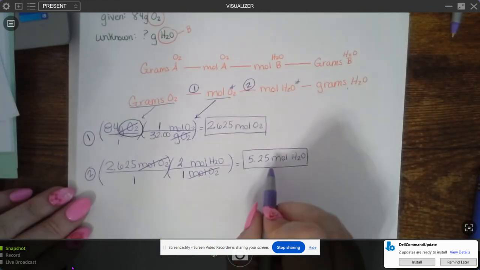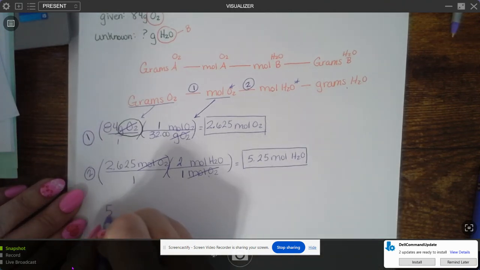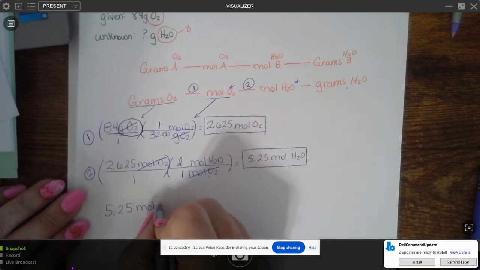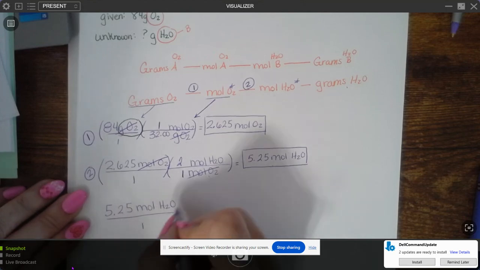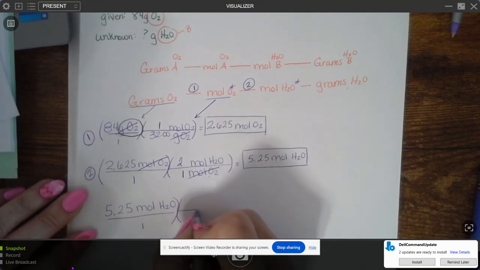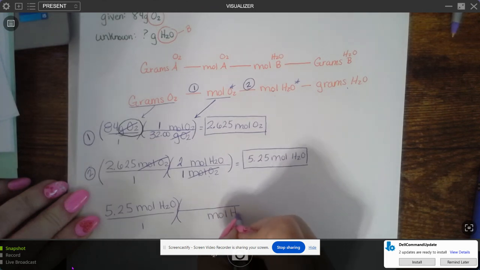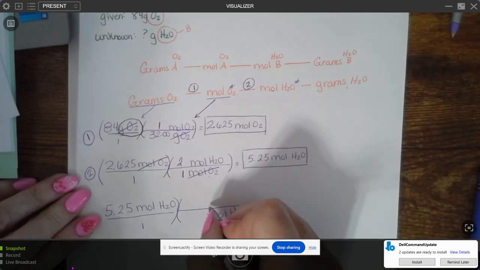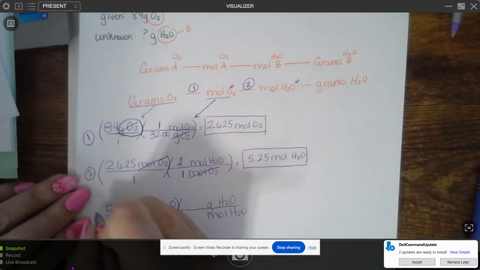Okay, so we're going to start with what I figured out in my last question. So 5.25 moles of H2O. So moles of H2O goes on the bottom. And then on top is going to go grams of H2O because that's the last step in my mole map.